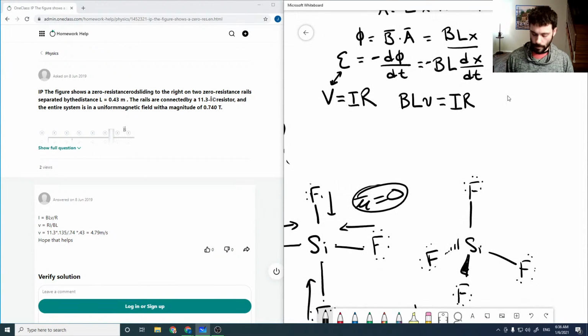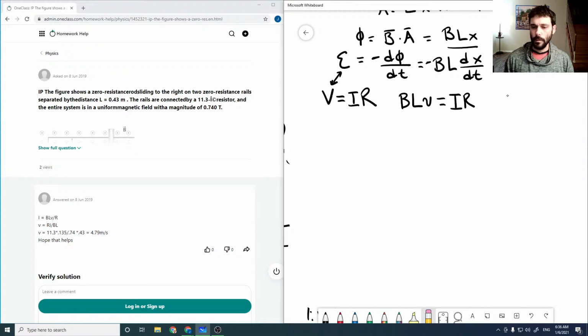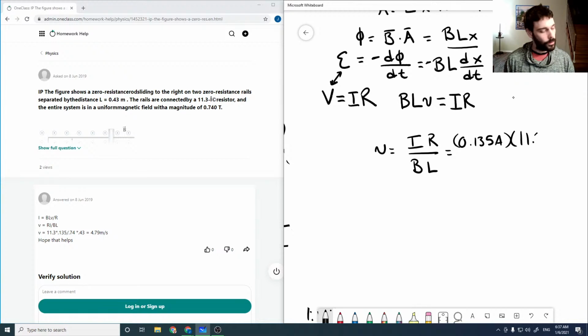Now we have all the quantities that we need, so I'll erase some of this and solve for our speed. Our speed is IR over BL, which is 0.135 amps times our resistance, 11.3 ohms, divided by our B field, 0.740 Tesla, and our length, 0.43 meters.